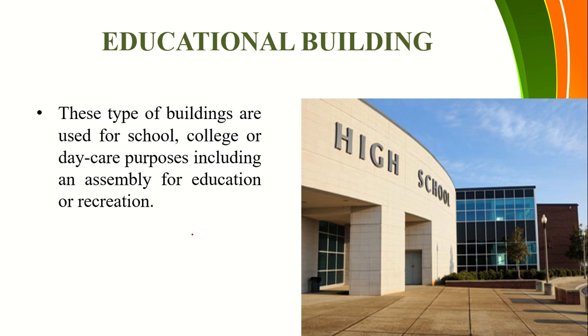So what is an educational building? Obviously these are the buildings which are schools or colleges which are affiliated and recognized by an appropriate board, university or any similar affiliation authority. Whatever colleges or schools we study in are affiliated to some board, so they come under educational buildings.